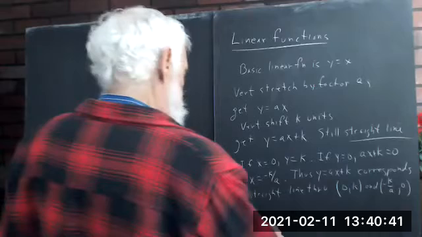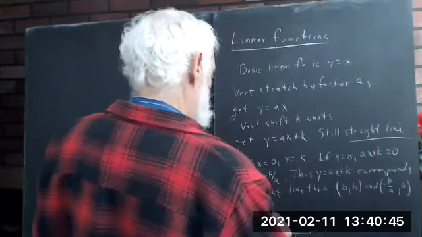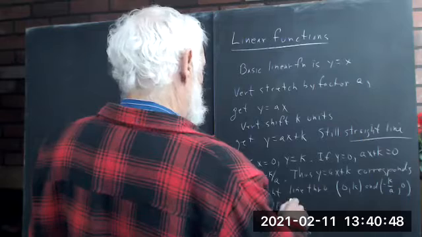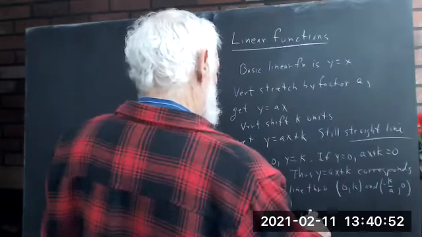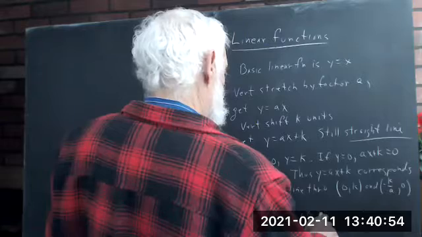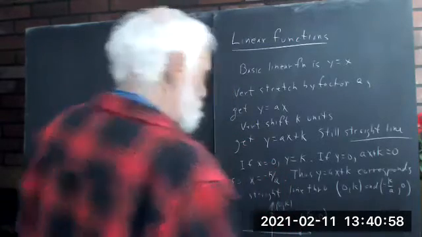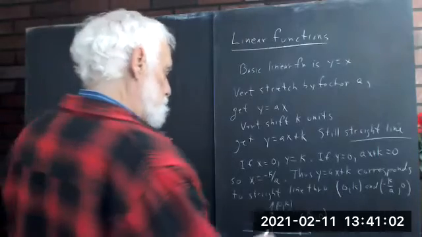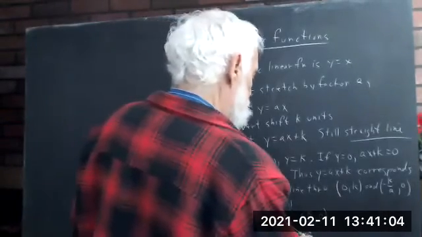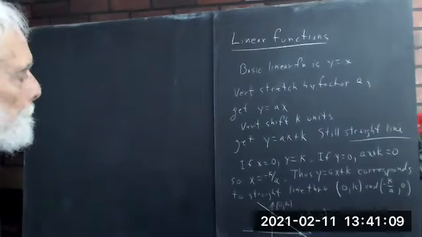So your general graph will have the point 0, k and negative k over a, 0. There it is.